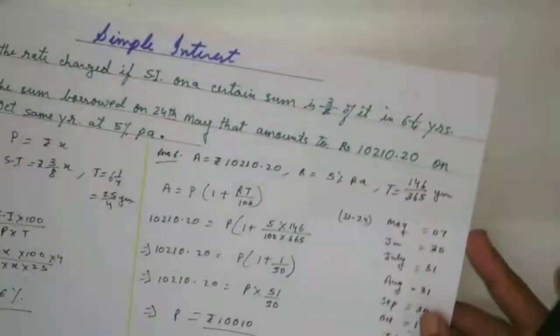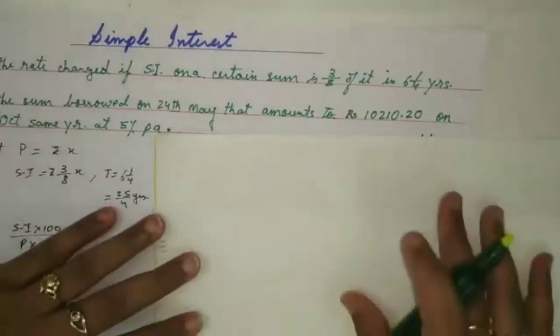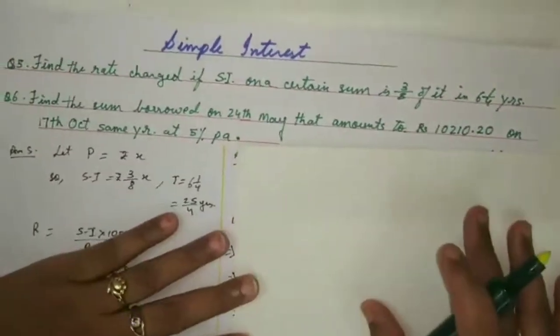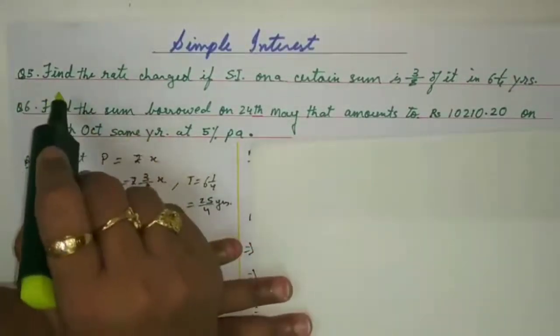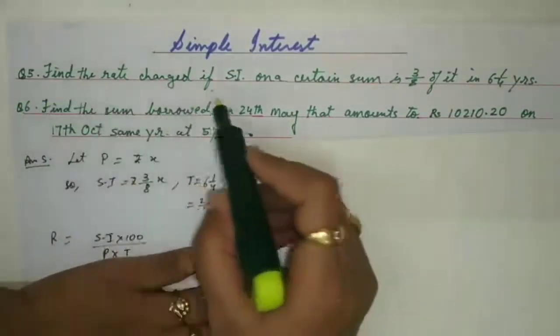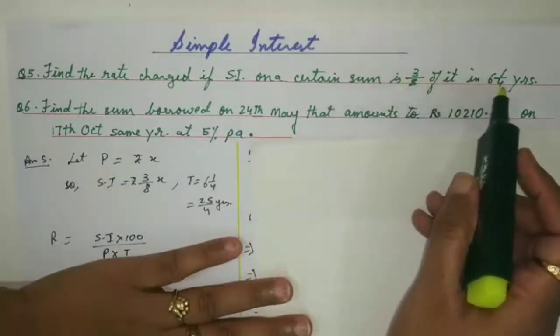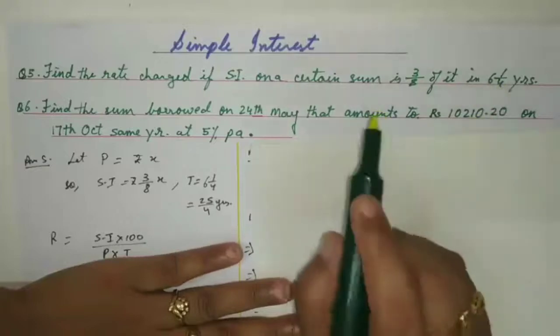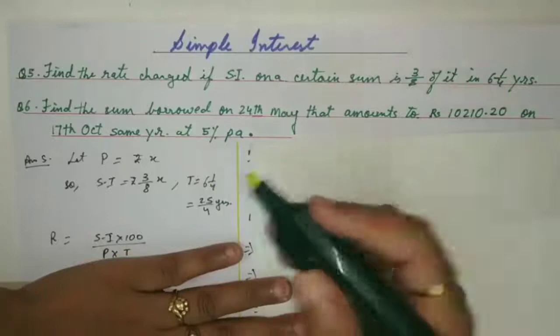Okay, so there is another set of questions. Now this one. So the question says, find the rate charged if simple interest on a certain sum is 3 by 8 of it in 6 1 by 4 years. You must have come across questions like simple interest doubles itself, simple interest triples itself.